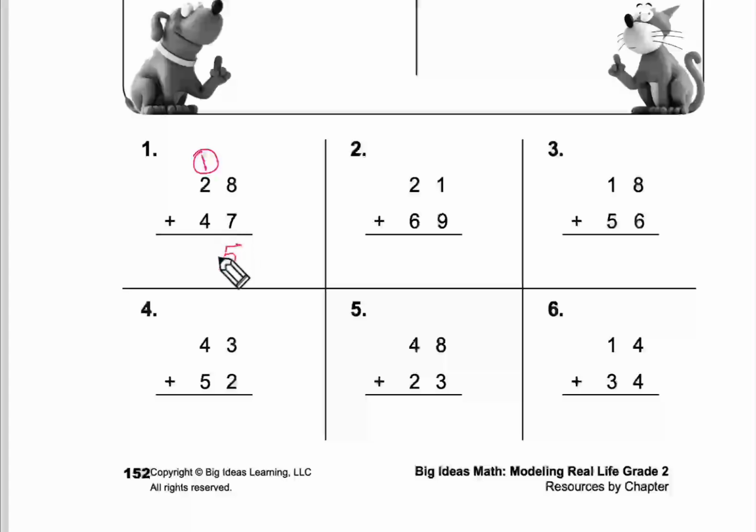Then we say 1 plus 2 plus 4, 7. So it means 75. Excellent, thank you, Ibrahim. So we regroup the 15 as 5 ones and 1 tens. Any problems, my heroes? No. Okay.